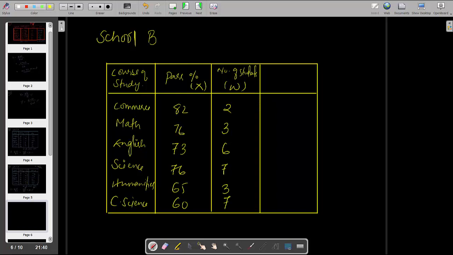Now you have to find out WX. Multiply these two. 82 into 2, 164. 76 into 3, 228. Next, 73 into 6, you get 438.